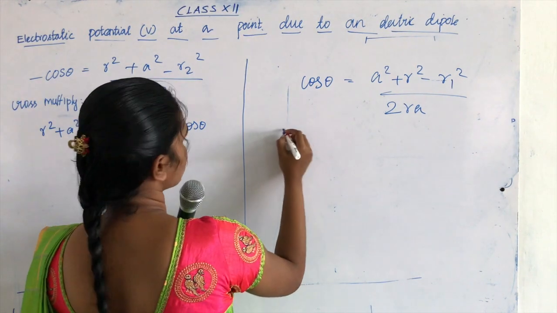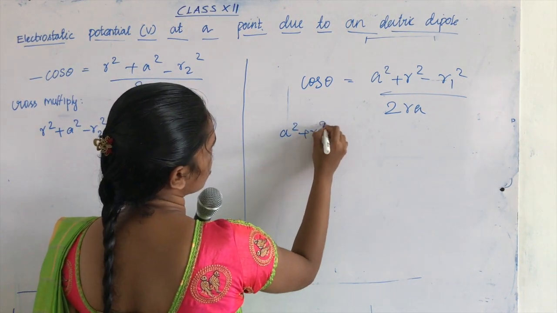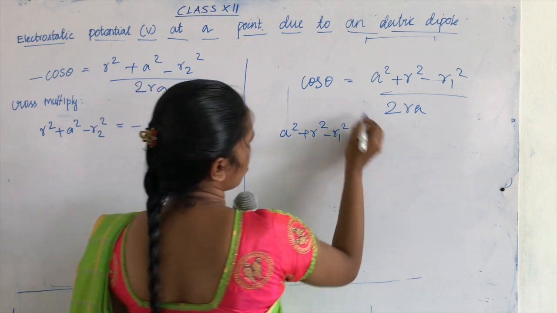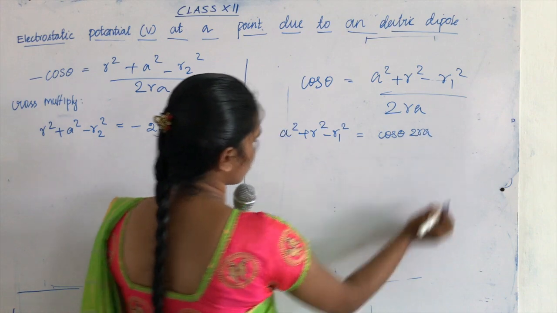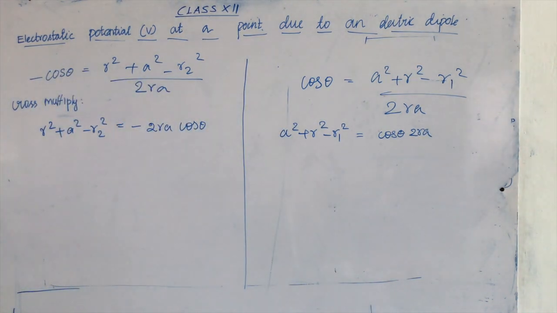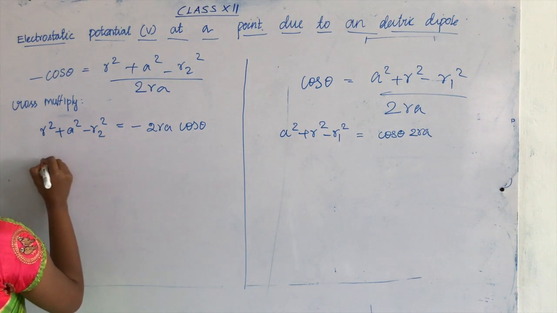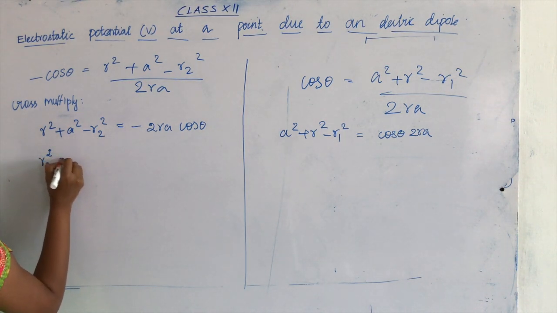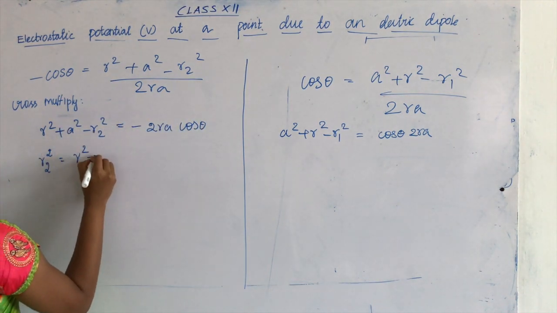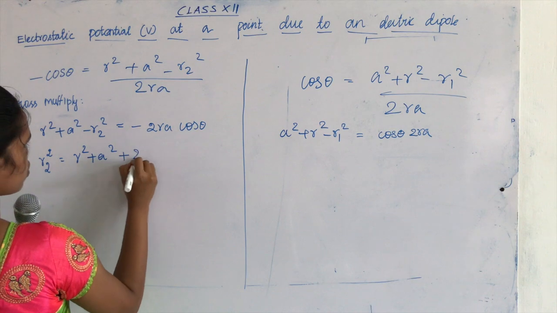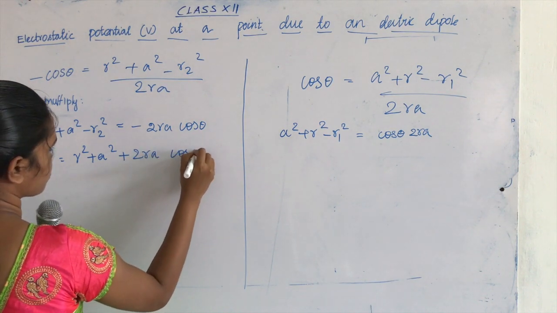Here, A square plus R square minus R1 square equal to 2RA cos theta. Now, R2 square equal to R square plus A square plus 2RA cos theta.